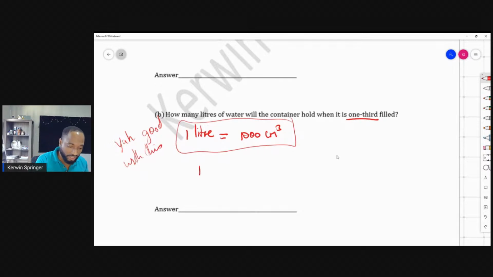So we need 1/3 of the 42 liters, which is when it's full. 1/3 multiplied by 42 over 1 is equal to 14 liters. 3 can go into 42 14 times.